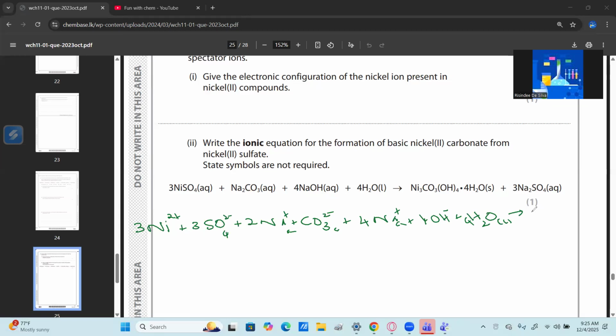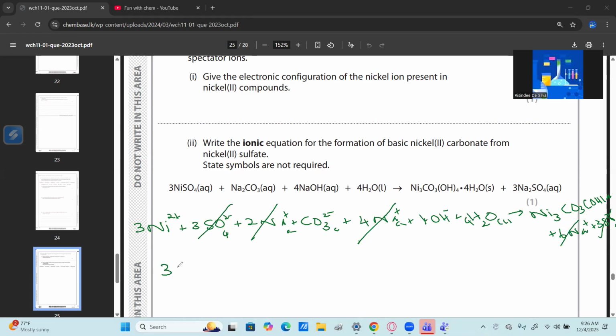Then we can't break the solid also. So I can write the Ni OH4, H2O as it is. But I can break 6 Na plus and 3 SO4 2 minus. So I can cancel out these. Then 4, 5, 6 with 6 Na.